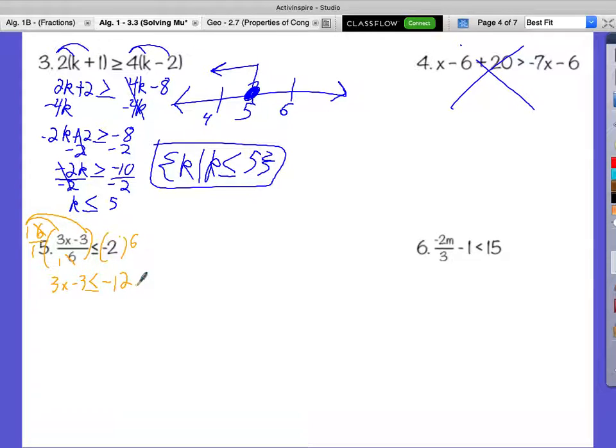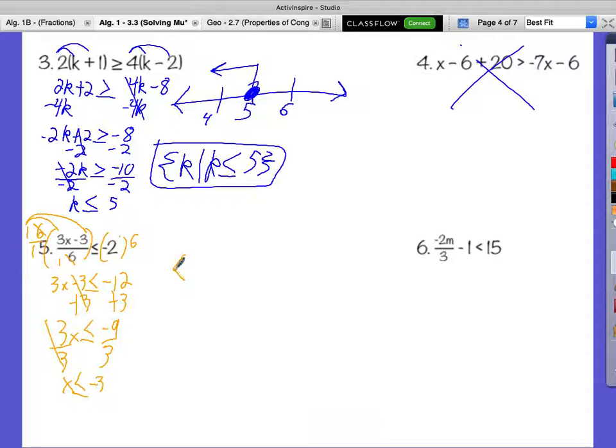Okay, let's talk about this one up here, guys. From here we added 3. 3x is less than or equal to negative 9. Different signs, subtract and keep the sign of the bigger number. We divide by 3. Now, are we dividing by a positive or negative here? Positive, so we don't flip the sign.